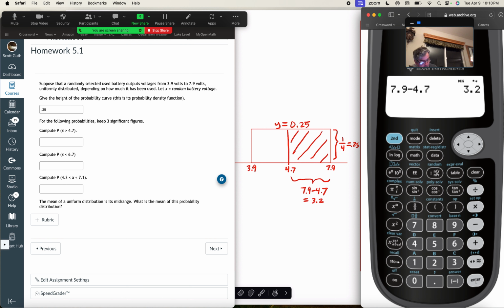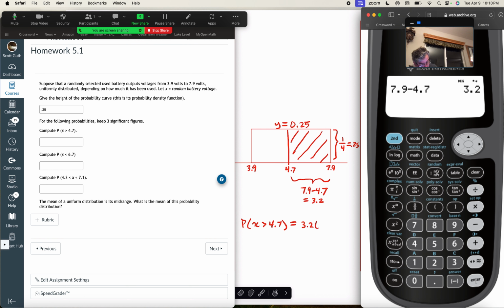Okay, so this area is the probability that x is between 4.7. Oh, sorry, we're doing x is greater than 4.7, my mistake. So x is greater than 4.7. And so that's just the area of the rectangle that I shaded. So that'll be base times height. The base is 3.2.